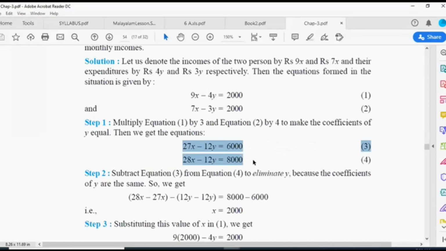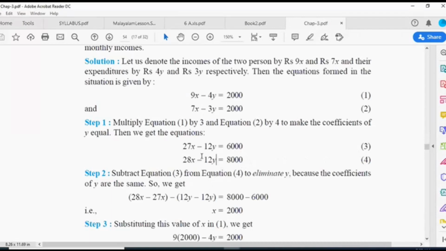The y terms will be removed, because their coefficients are equal, minus 12 here and minus 12 there. If you subtract the same quantities, the result will be 0. You can do 3 minus 4 or 4 minus 3, no problem, but it is better to subtract the smaller from the larger. So here you can see 4 minus 3 is done.